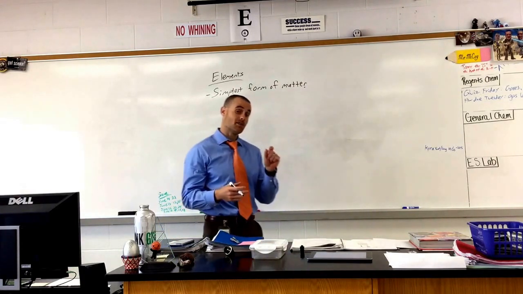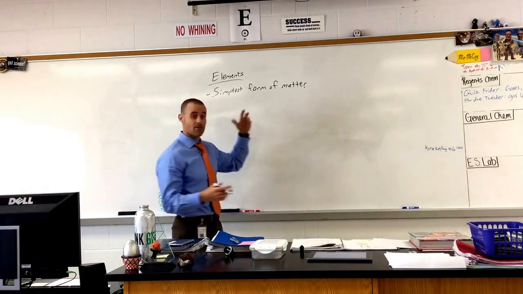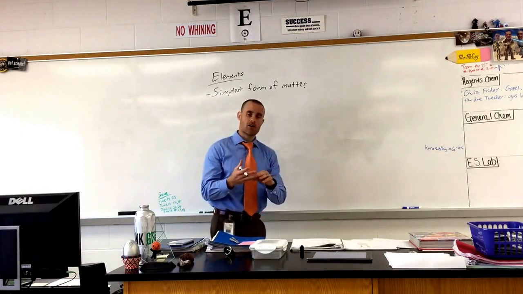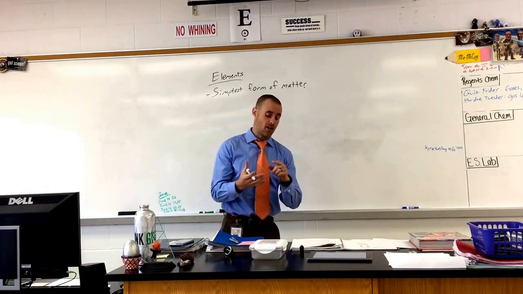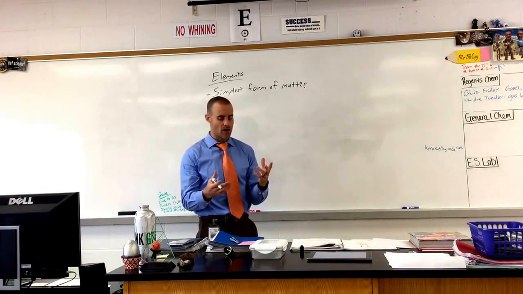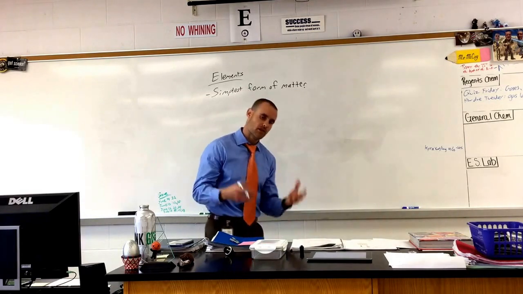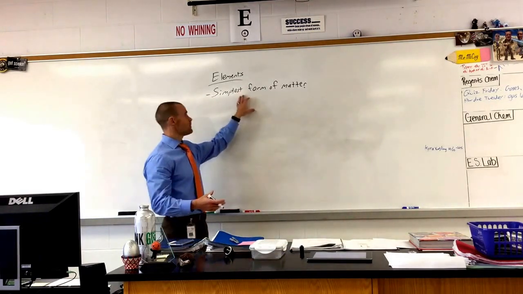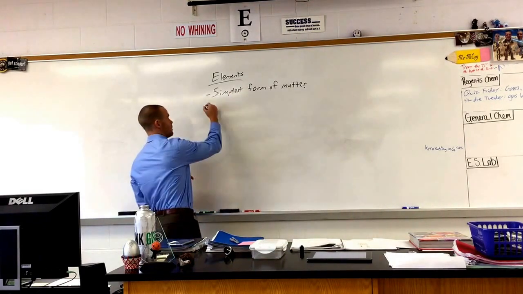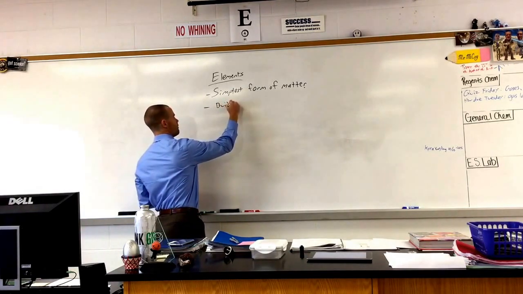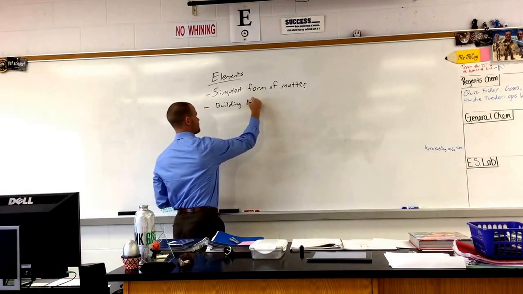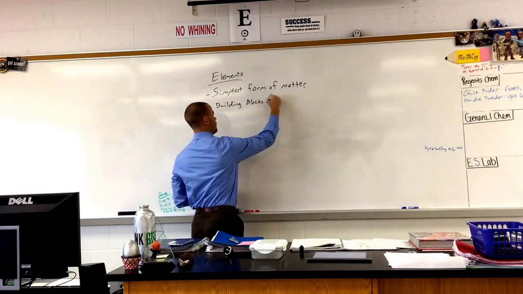They're little tiny subatomic particles that make atoms up. But those little particles aren't considered matter. They don't take up space, not really, as far as volume, and they don't really have a mass either. They do, but it's very, very small. So we say elements are the simplest form of matter. What does that mean? They're called the building blocks of matter.